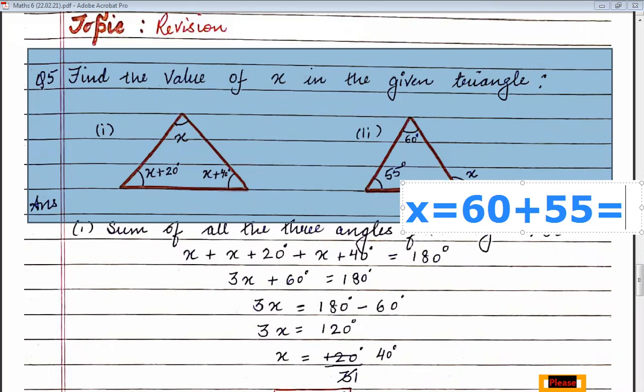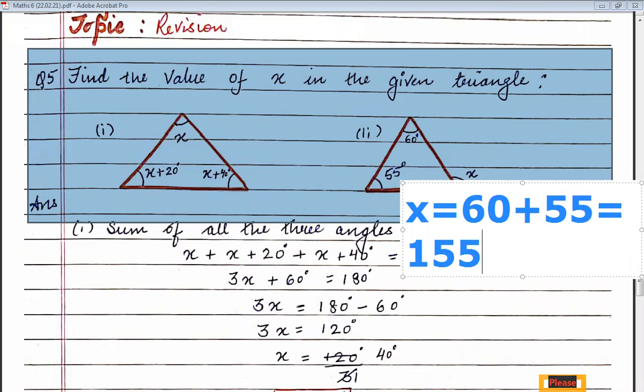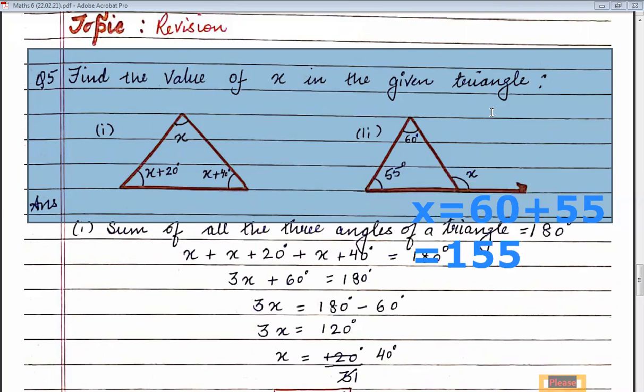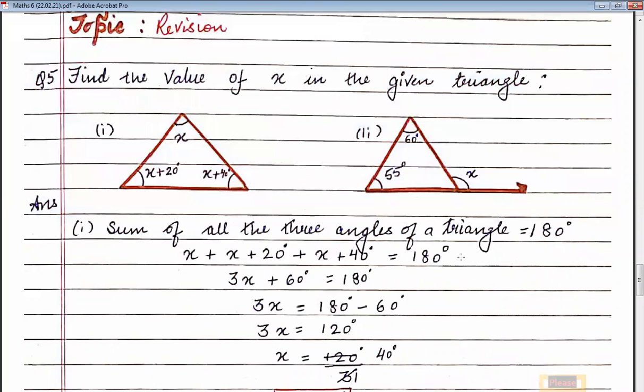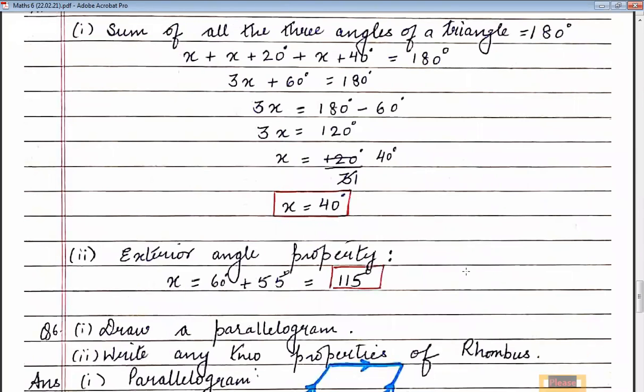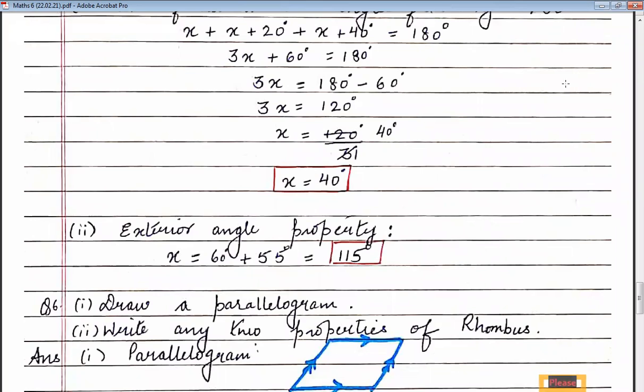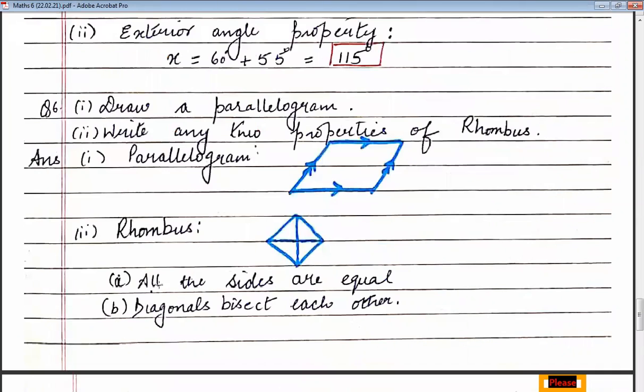So your final answer is 155 degree. Okay students, are you clear with these two parts? First is the angle sum property, and the second one is your exterior angle property. Okay children, it is 115 degree. What is your answer here? 115.